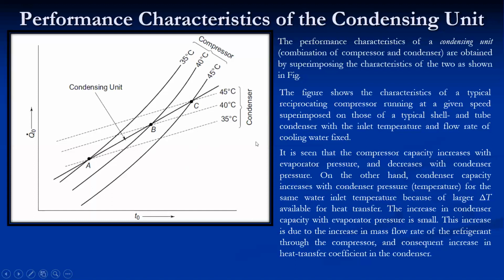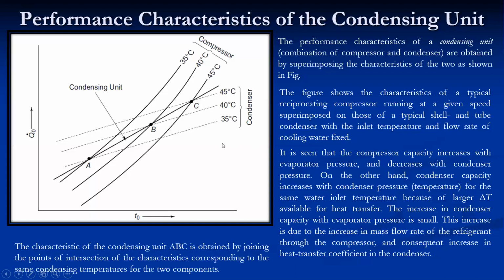Now, we superimpose these two characteristics, and the characteristic of the condensing unit, that is A, B, C. This is the characteristic of the condensing unit, and that is obtained by joining the points of intersection of the characteristics corresponding to the same condensing temperatures for the two components.